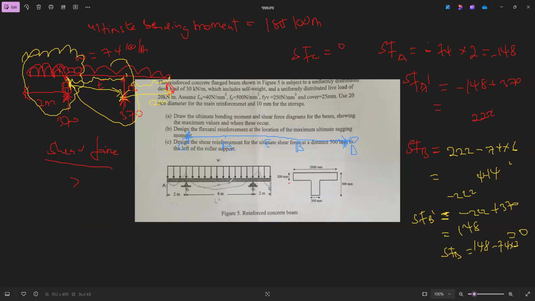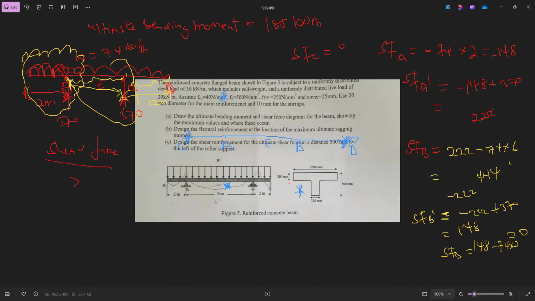Okay, so minus 148. Then at A prime, it is what? 222. It's at the same point too. Then at B, minus 222.